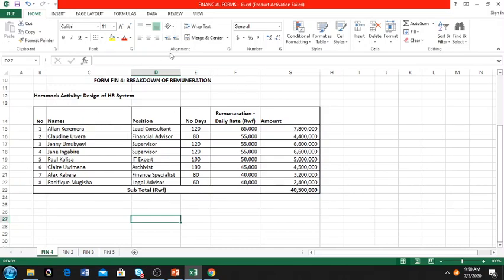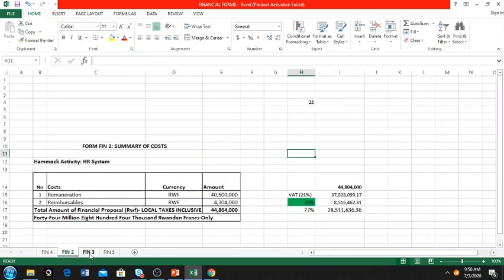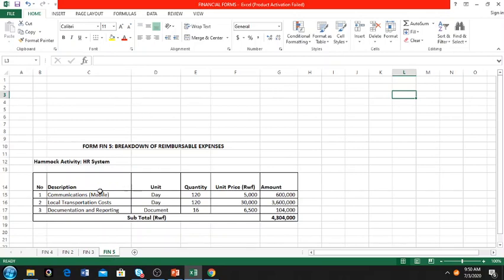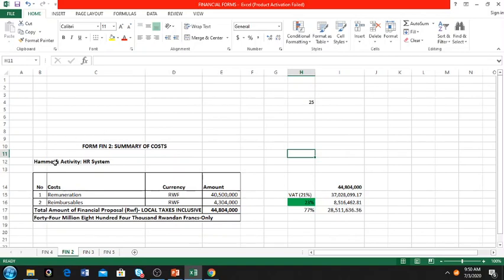This is one work breakdown, and then you have the breakdown of cost by activity, and here the breakdown of reimbursable expenses. All these use parametric estimation, and then here you have the cost summary. So you summarize remuneration and then reimbursable fees, and this gives you the project cost.